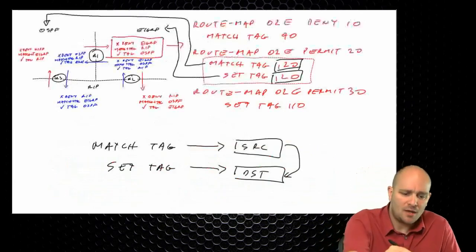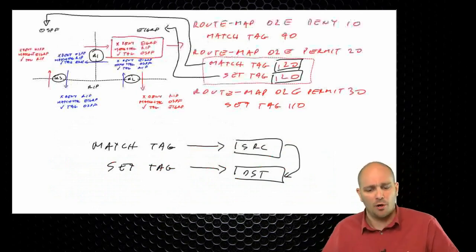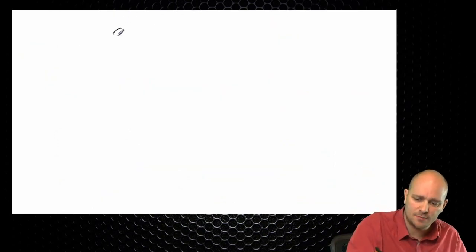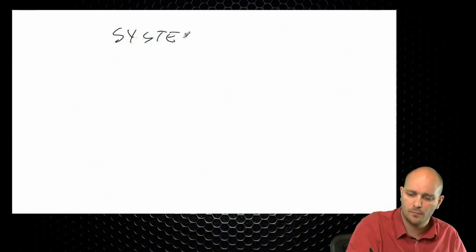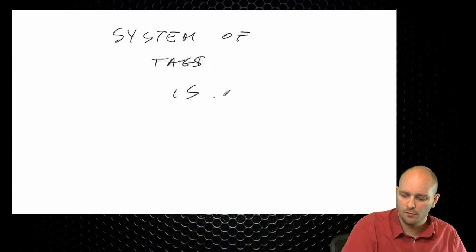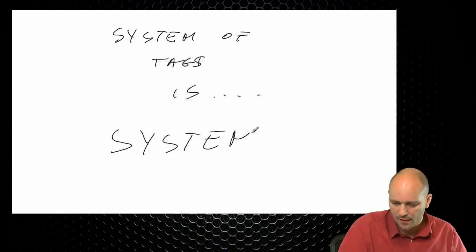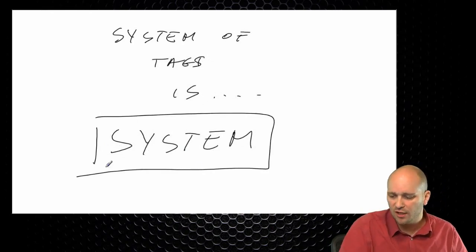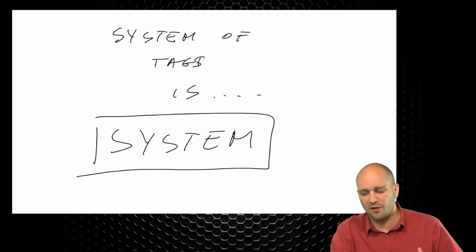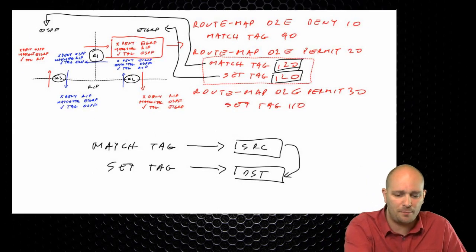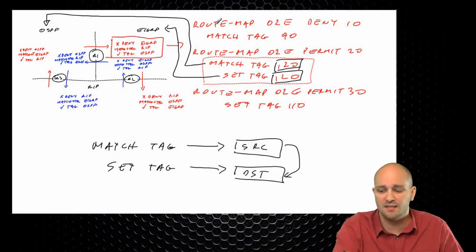Now, another important thing to remember is that this system of tags is actually a system. That means that there is not a single filter, not a single route map entry here, that prevents the loop.